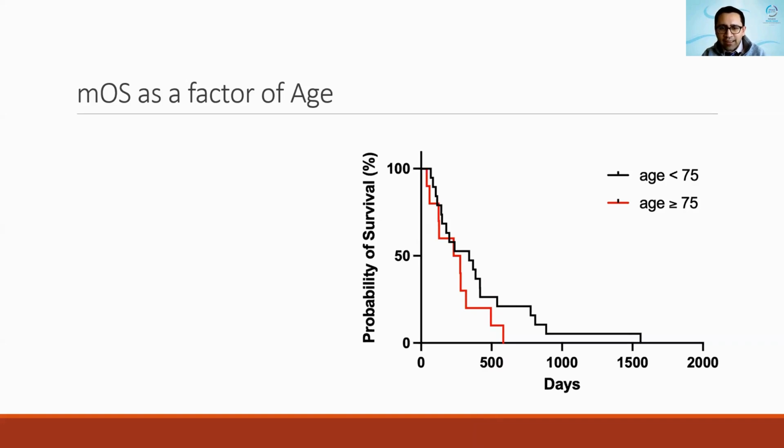I do expect that as our data matures with more data points, the age greater than 75 patients will likely have poor outcomes, because age does play an influence in outcomes.